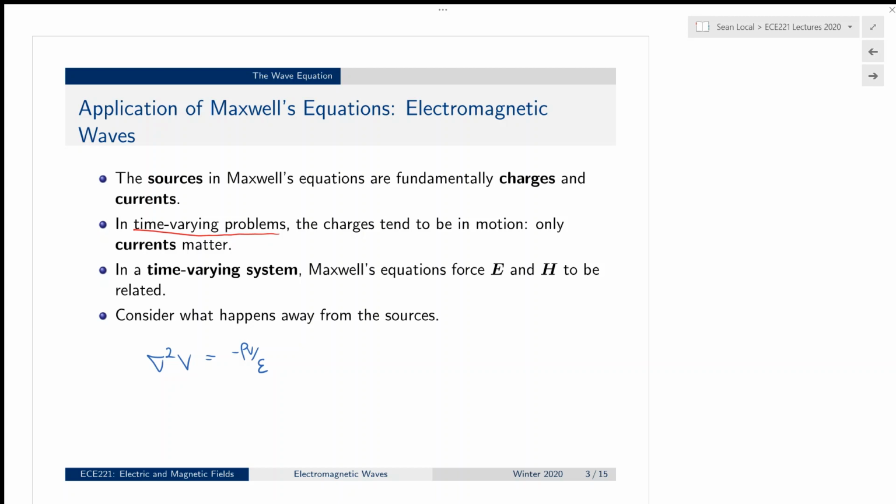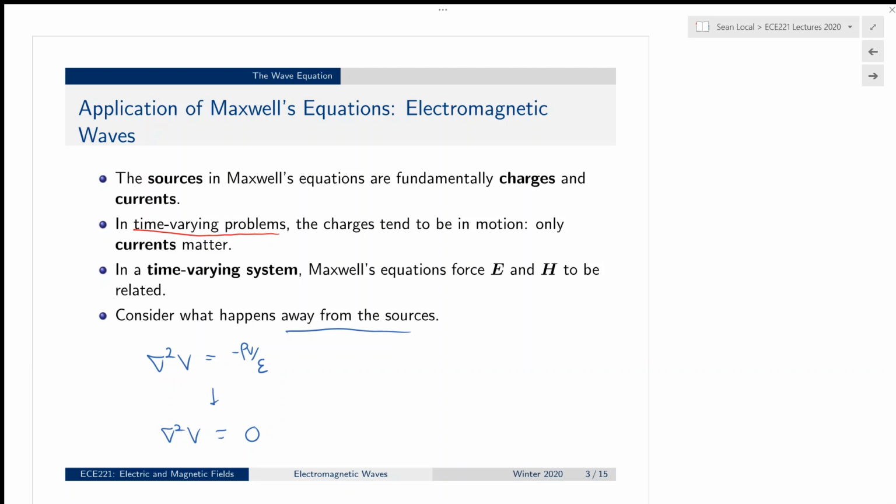The source is the rho sub V, and the field that we're solving for is V. But we simplified this problem by looking at what happens away from the sources. So away from the sources, if we're not looking at V within the charge distribution, but away from the charge distribution, then the right-hand side becomes zero, and Poisson's equation reduces to a homogeneous differential equation, which is called Laplace's equation.